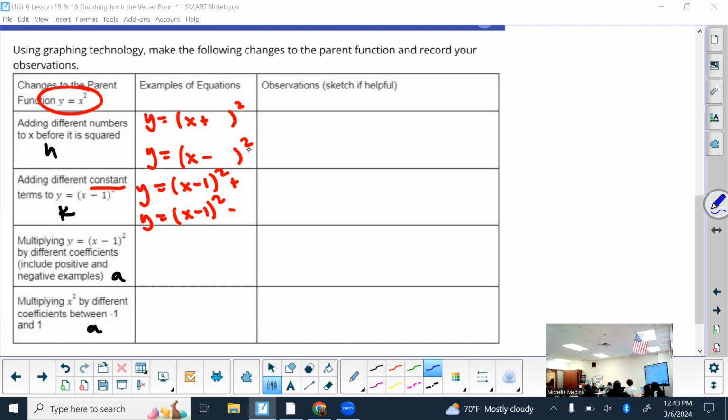What is it? 3, so like adding 3 and then maybe an example of when it subtracts 3. Now, what did that do to the graph? It shifts it in what direction? Sorry, what?